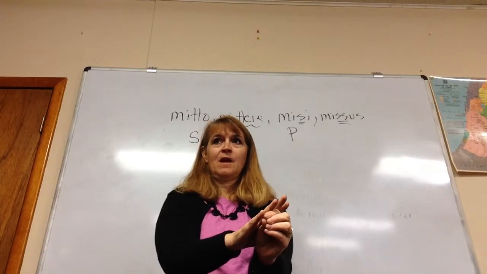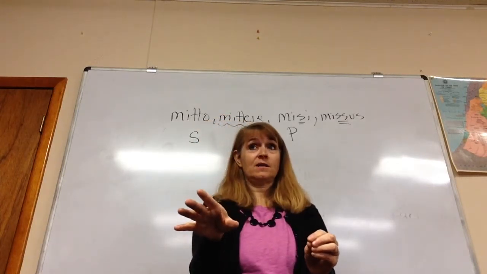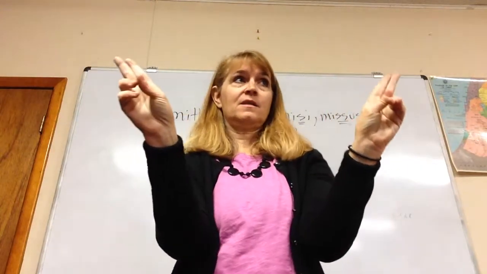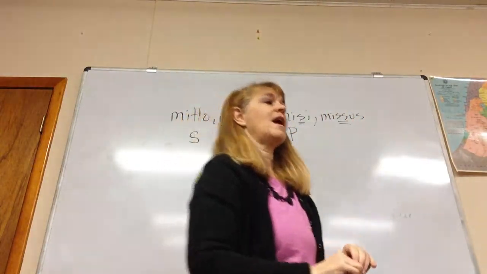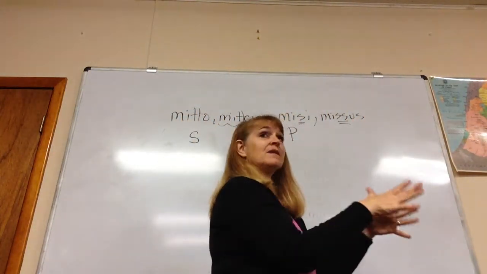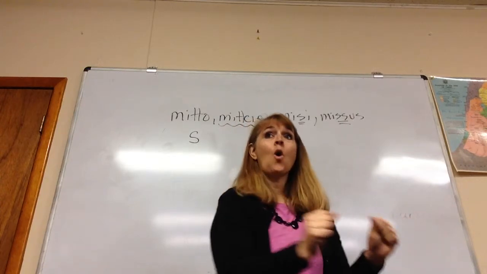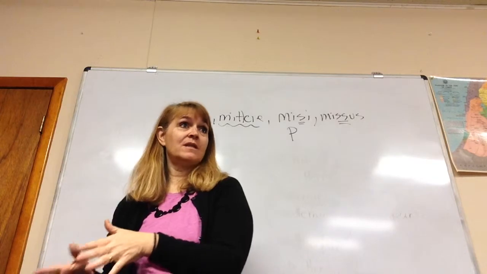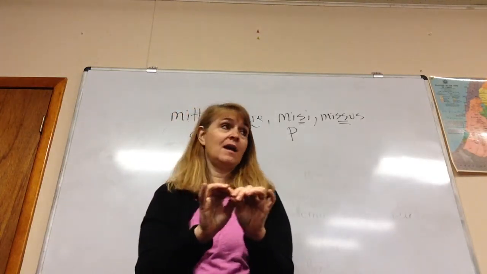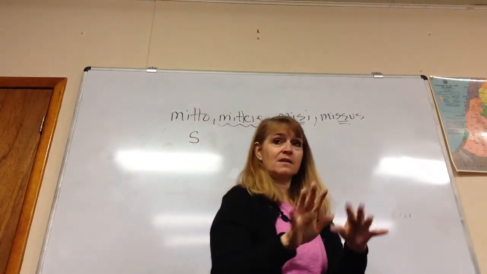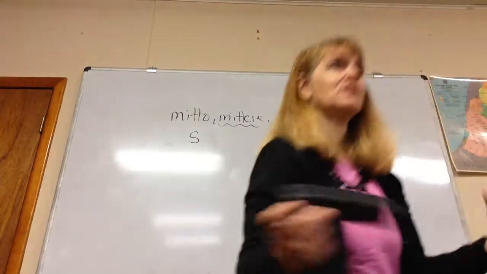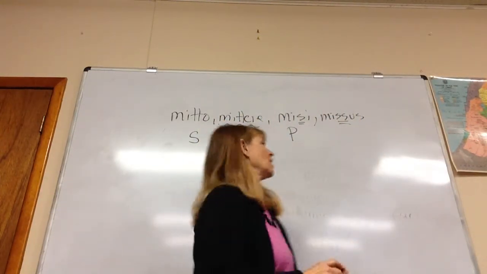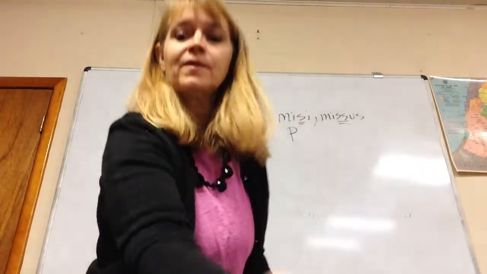Direct object? Not in passive voice. In passive voice, we're going to have two different things: either an ablative of agent or an ablative of means. I want to teach you a little bit about that. Some of you have covered that, and for some of you, this is brand spanking new. So let me talk about this sentence.